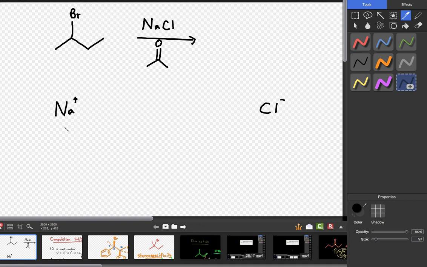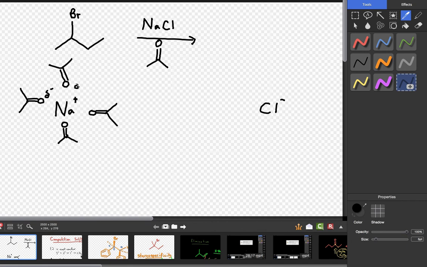So I'm just going to draw one Na plus, and acetone will solvate this Na plus via an ion dipole complex. So you'll have a bunch of ion dipoles that stabilize, isolate, and sequester Na plus away from Cl minus.